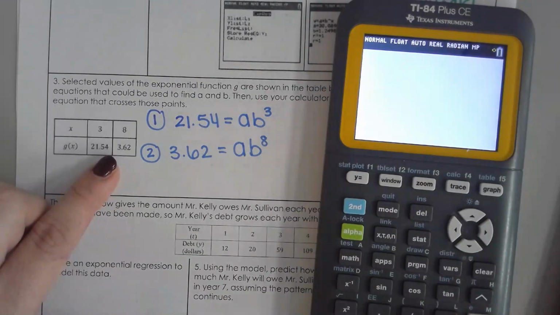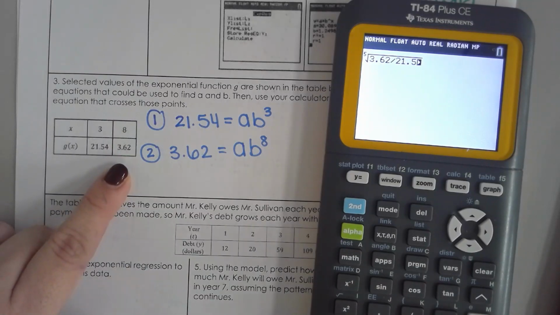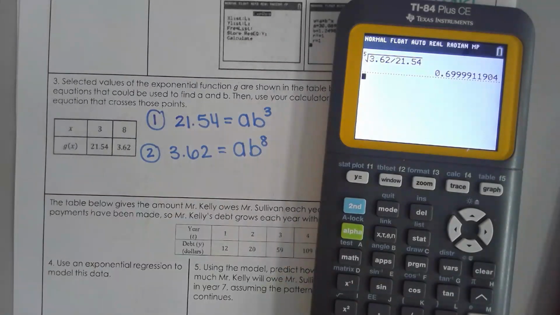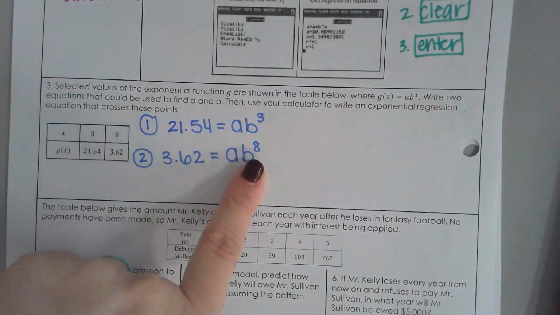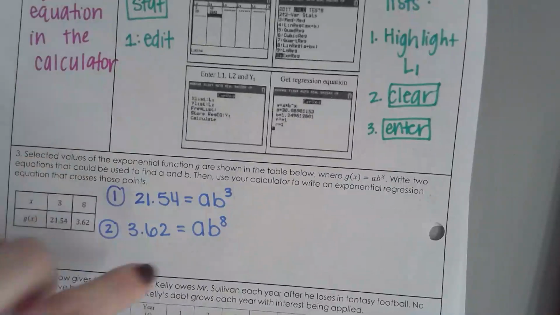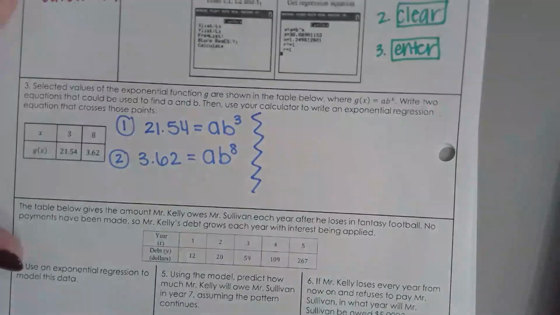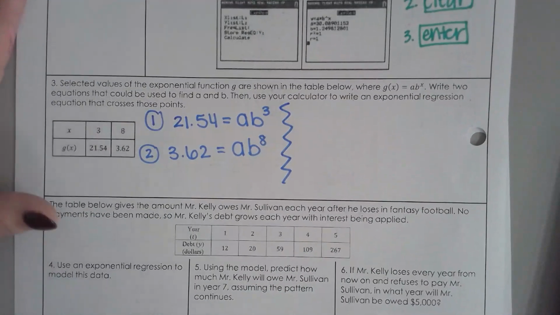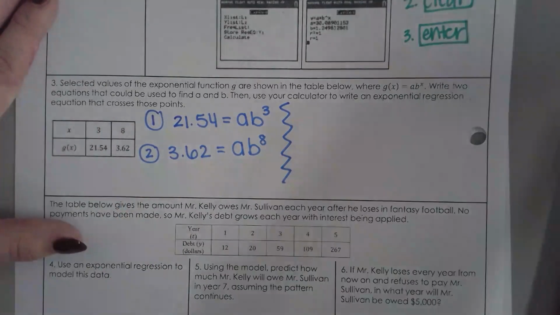This would be the 5th root of 3.62 divided by 21.54, and you get that decimal. So it's not even a perfect ratio. Okay, so it wouldn't really work. But if it says write 2 equations that could be used, that's what it's asking for. Now your calculator is going to give us a true equation that would pass through those 2 points.